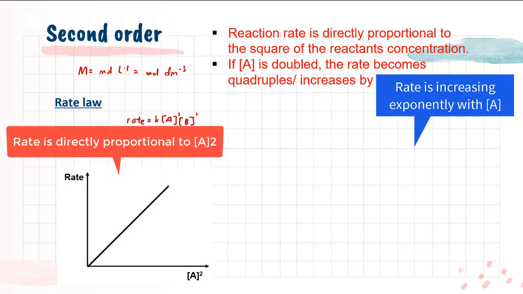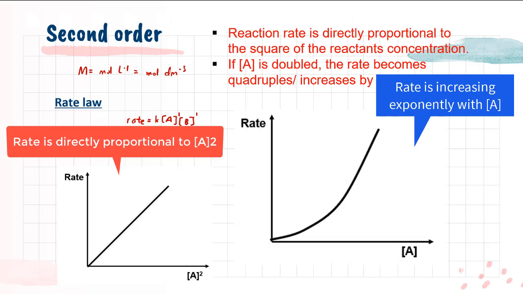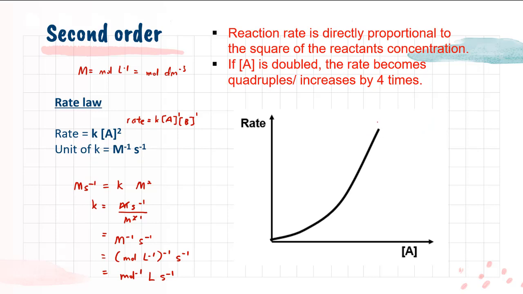All right. The graph using the rate law, rate against concentration, is not a straight line; you can see it increases exponentially. Let's say I want to double the concentration of reactant A. I put 2A, both raised to power 2.